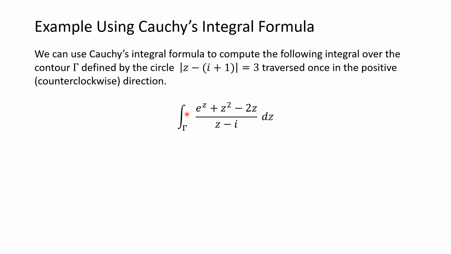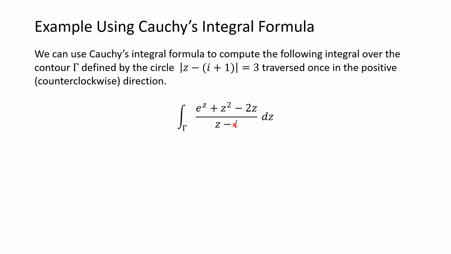So our integral is shown here, e to the z plus z squared minus 2z over z minus i. And our contour is the circle centered at i plus 1 of radius 3.